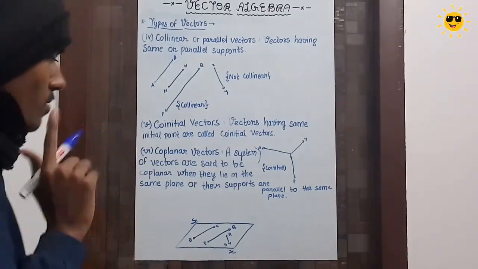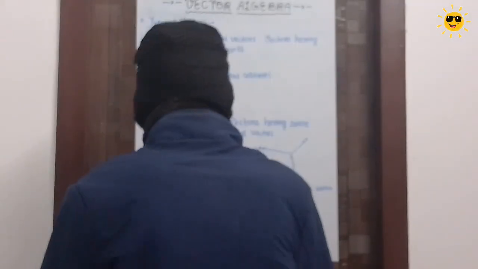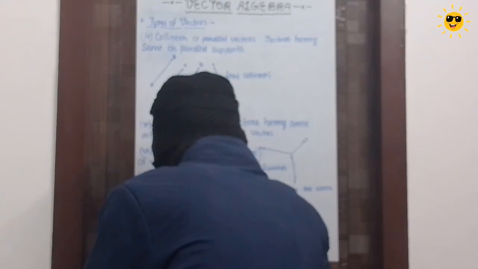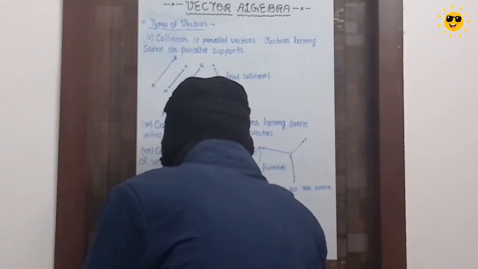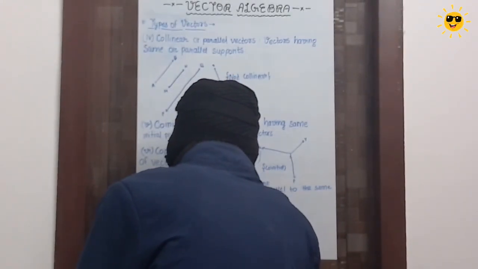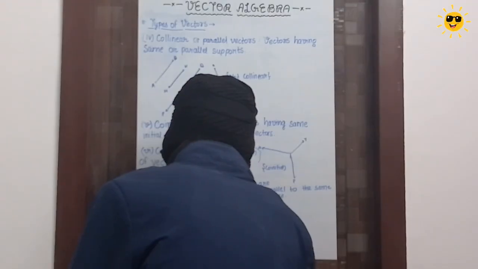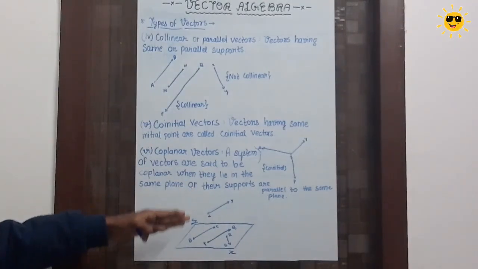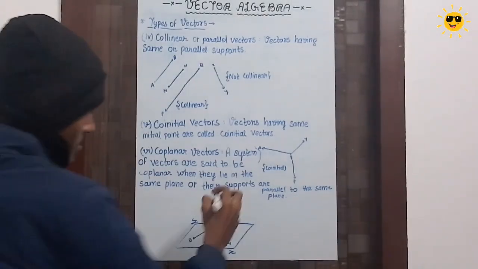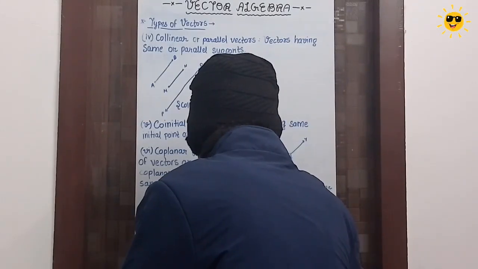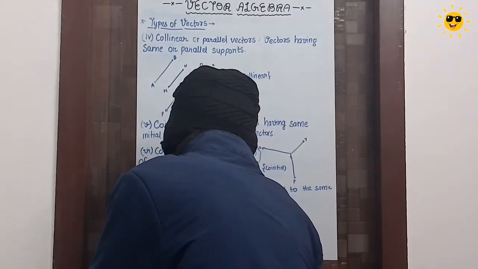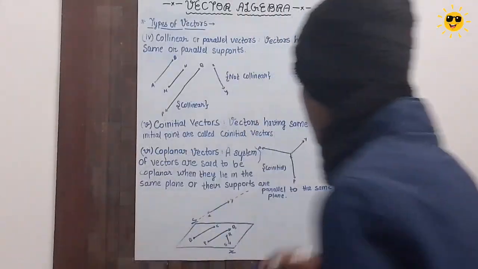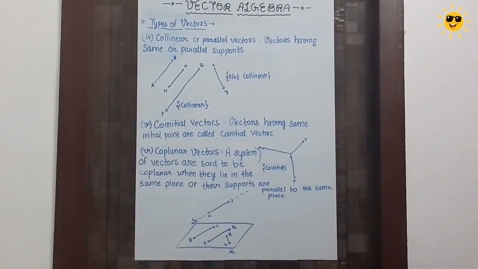Now there's one more vector, called XY vector, which is not in the XY plane, but its support is parallel to the plane. Let me draw my support here.